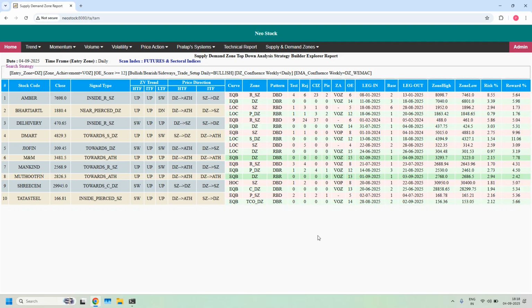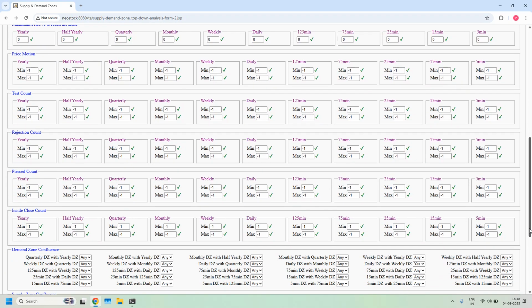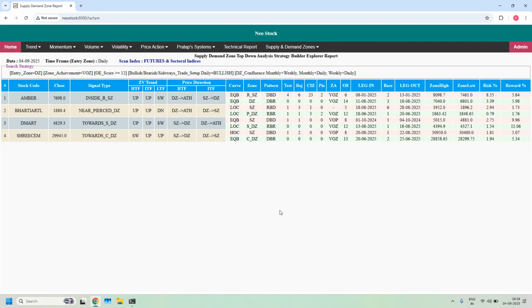Okay, next let us filter based on LTF, ITF, HTF demand zone confluence. Remove EMA filter. The demand zone confluence, 3 filters: daily and weekly, daily and monthly, weekly and monthly demand zone confluence. We got 4 stocks. Out of 4, first 3 are having uptrend.